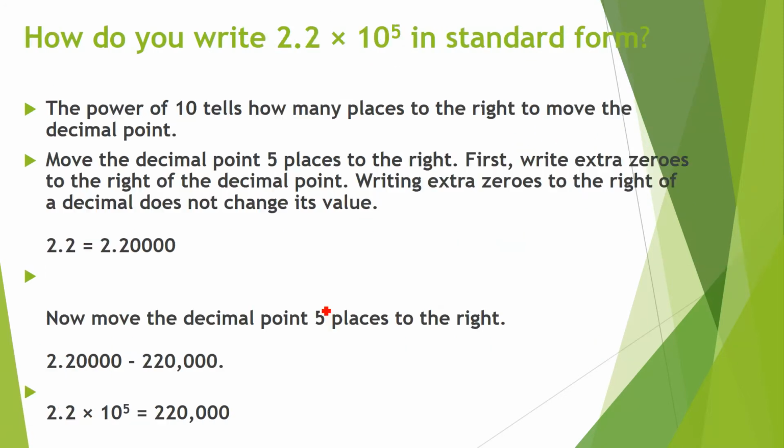In standard form, you have to move the decimal to the right hand side. If someone asks you 2.2 times 10 raised to power 5, you have to write it in the standard form, right? So what you have to do, 2.2, and this, the power of 10.